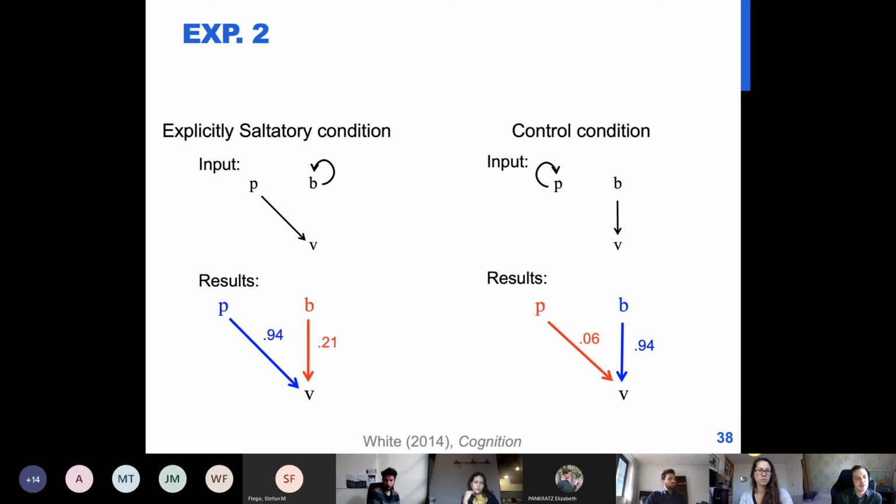But you can see here, even though they had explicit evidence that the B doesn't change in this saltatory condition, they still want to change it. So 1 out of 5 trials, they still change it. They still change it much more often here. Here it's a mistake because they actually saw evidence that it shouldn't change. They're still much more likely to change it than in the control condition.